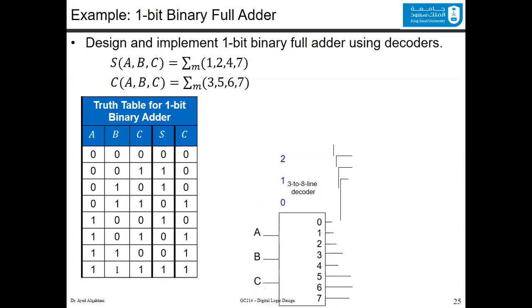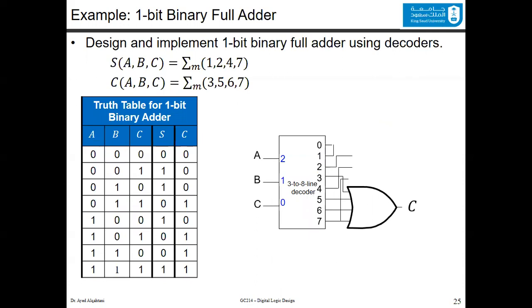This is another example. This example shows to you this function. It's a 1-bit binary full adder, and you were asked to design and implement a 1-bit binary full adder using decoders. We will discuss the idea of the adders in the video next to this one when we talk about arithmetic.